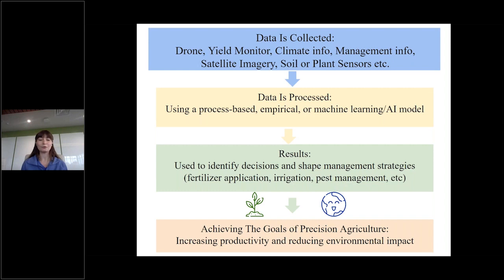That comes from identifying the decisions and shaping management strategies from the data that's collected and processed. That can look like fertilizer application, irrigation management, pest management, things like that. These results can help to shape the management strategies that are used in a field, and over time, that can help us to increase productivity and reduce our environmental impact for a field.